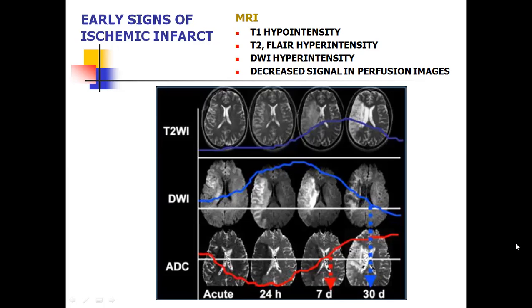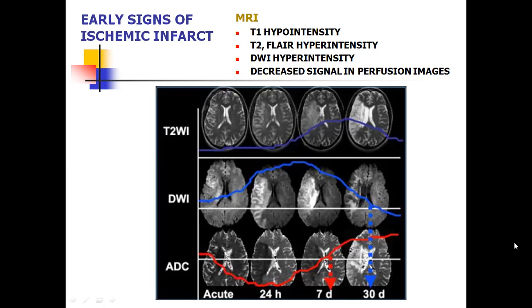The hyperintensity on T2 weighted images reaches its maximum between 7 and 30 days. After this, it starts to fade. Diffusion weighted images is already positive in the acute phase and then becomes more bright with a maximum at 7 days.